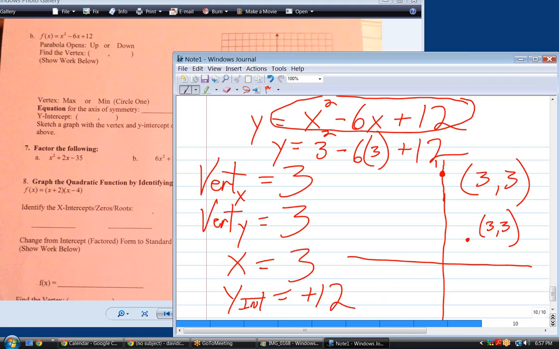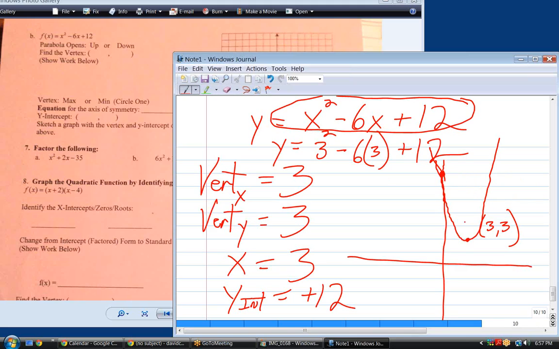So I'm looking at a parabola that does something like this. Do I have any x-intercepts? No, I don't. I need a third point.